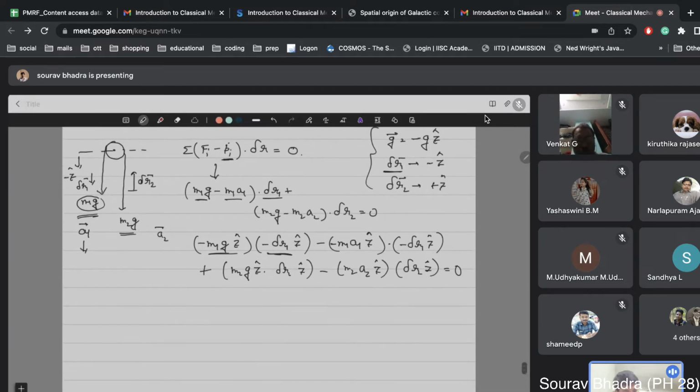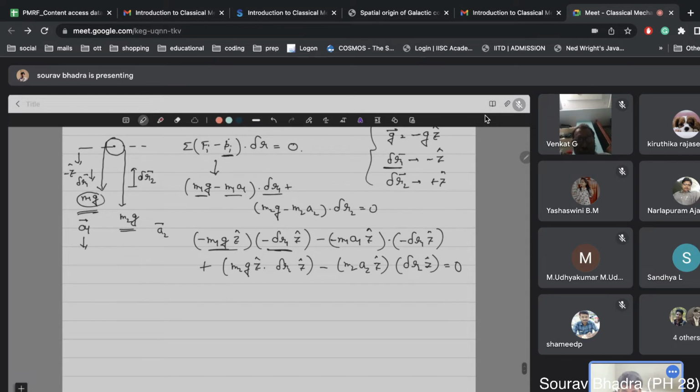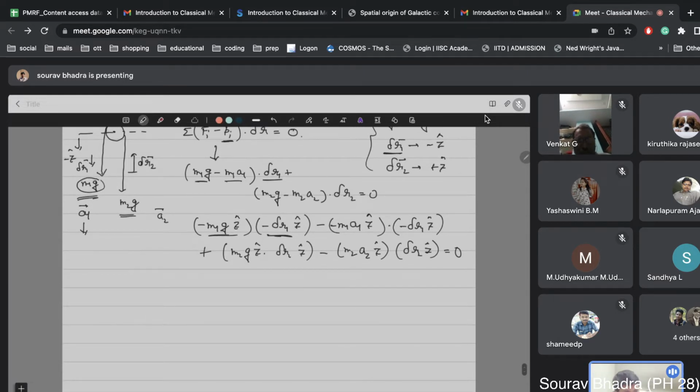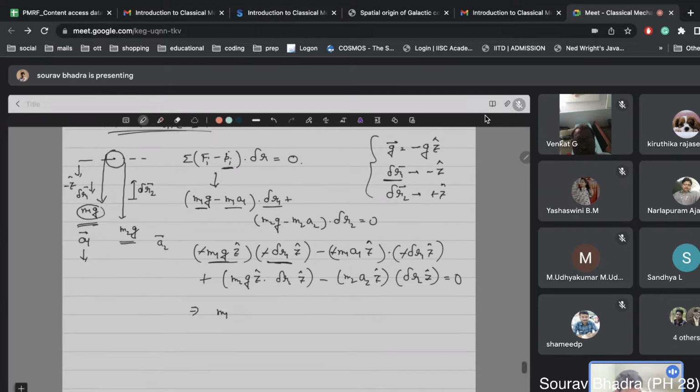Now if you do the calculation, this negative and negative will be positive, this negative also will be positive, so the result will be m1 minus m2 g minus m1 plus m2 a.